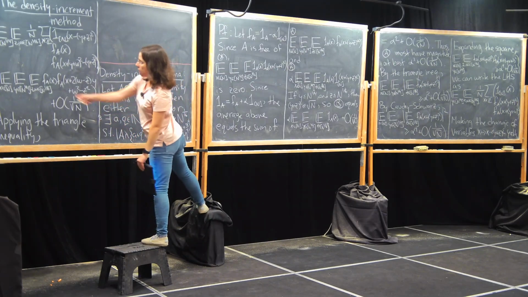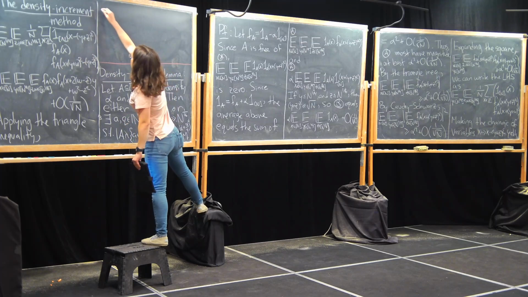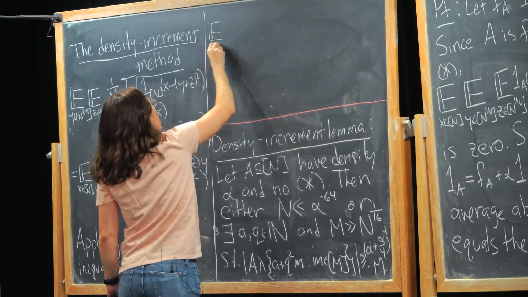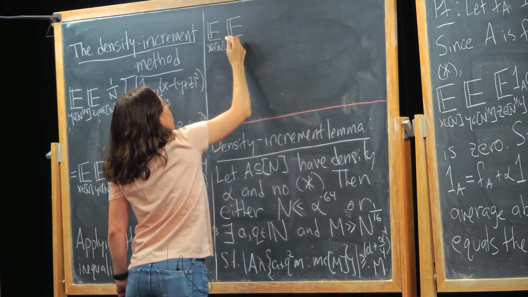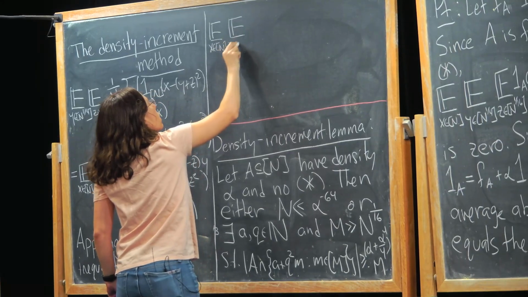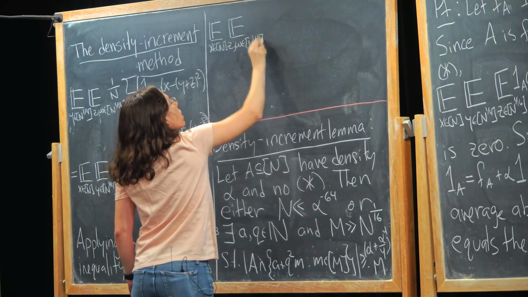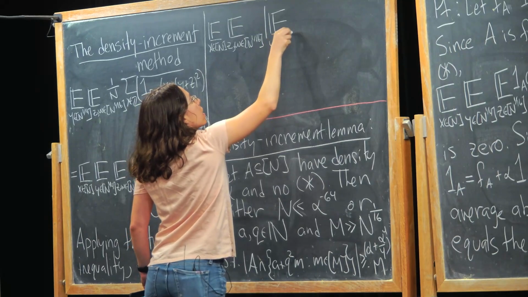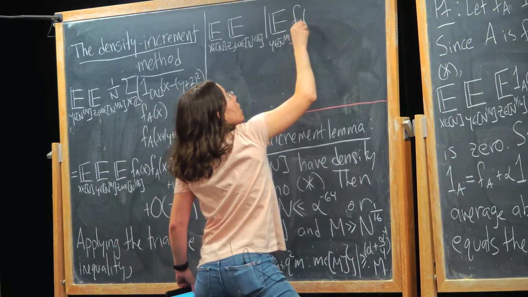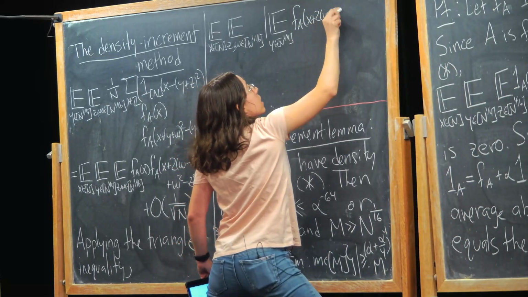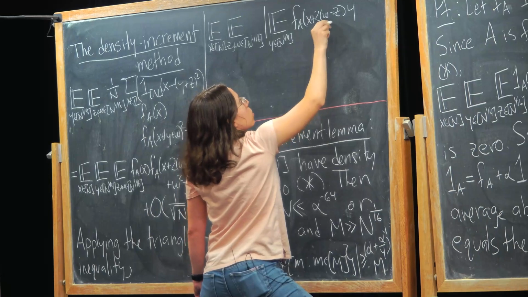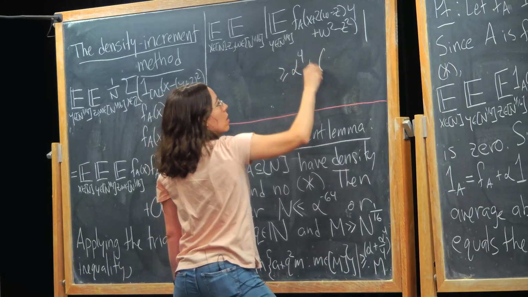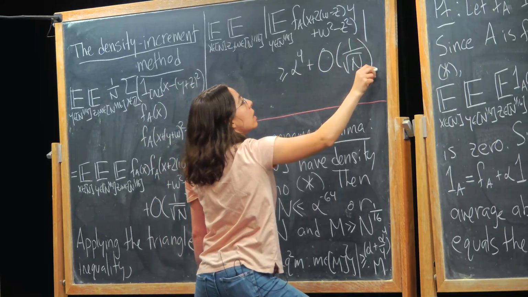So applying the triangle inequality to get rid of this first balanced function, we get that the average over x, average over z and w, of the absolute value of the average over y of the balanced function at x plus 2(w minus z) y plus w squared minus z squared, this whole quantity is at least alpha to the 4th plus an error that's at most 1 over square root of n.